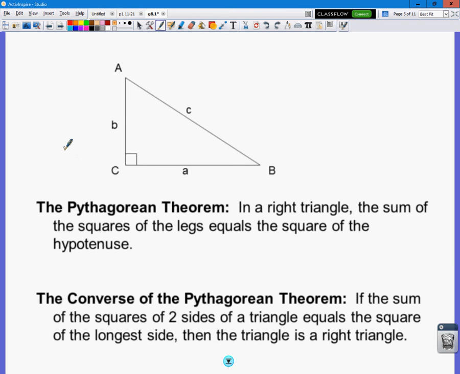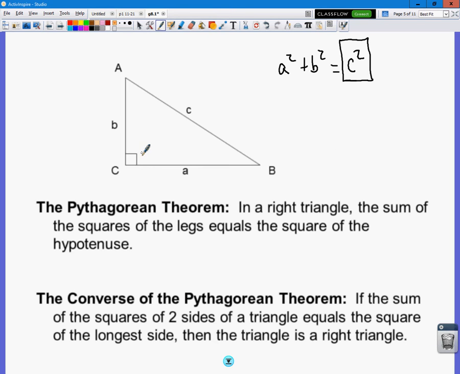Okay. Now, what we're going to do today is work with the Pythagorean Theorem and its converse. The Pythagorean Theorem should not be new to any of us. It says a squared plus b squared equals c squared. And the only side that's critical is the c side.